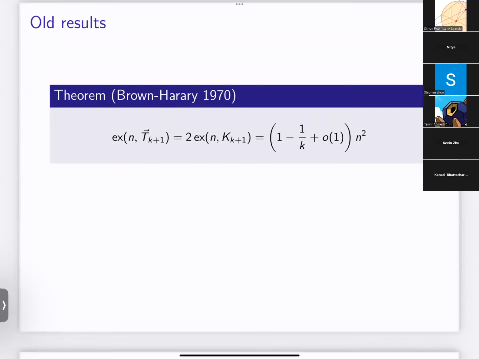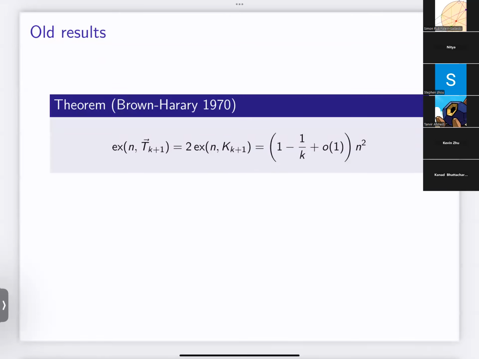There are some special cases where we do know the answers. In 1970, Brown and Harari showed, you'll see this pattern looks very familiar, that the extremal number of any tournament, so any orientation of a graph where there's exactly one edge between every pair of points, is the same.